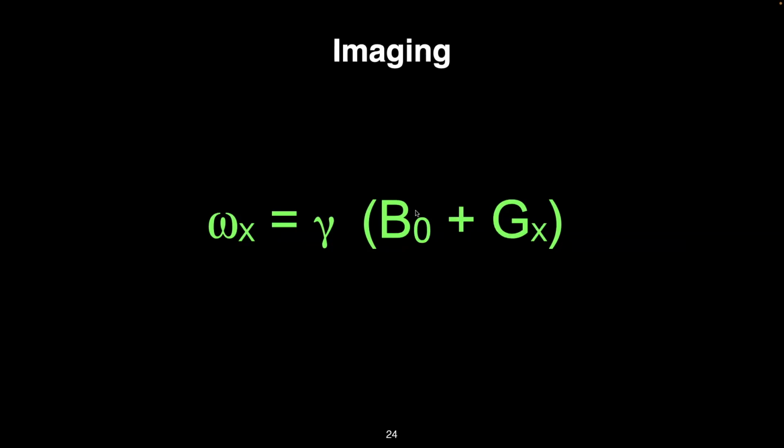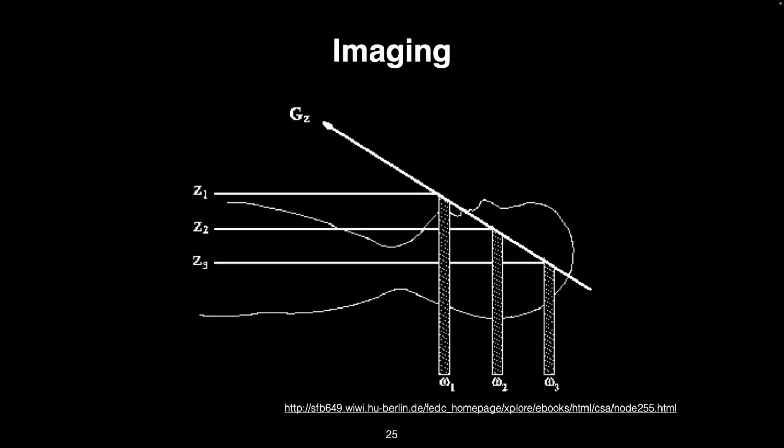The main field is usually on the order of Tesla, which is about 10,000 Gauss. Gradients are usually on the order of tens to hundreds of Gauss, so essentially 0.1 to 1% of this main field. But that's usually enough to start giving us the ability to localize protons to a given position.